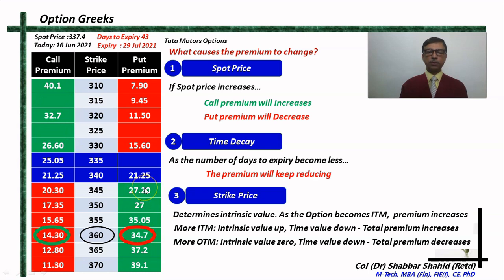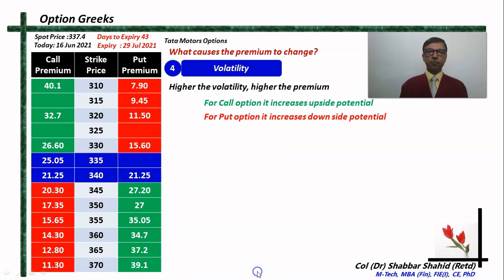Here also for the put options, as you go down more and more into the money, the premium keeps on increasing, isn't it? And the more you go out of the money, the premium will keep on reducing. We have studied this, so no need to deliberate more.